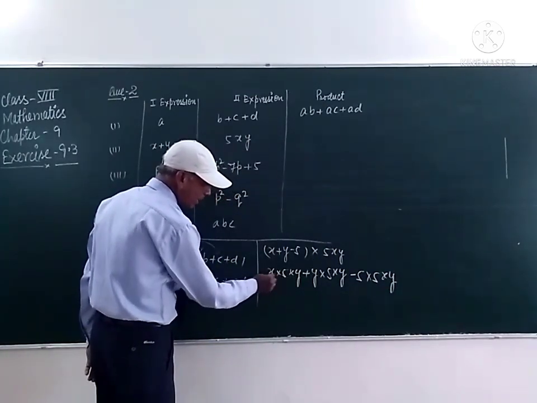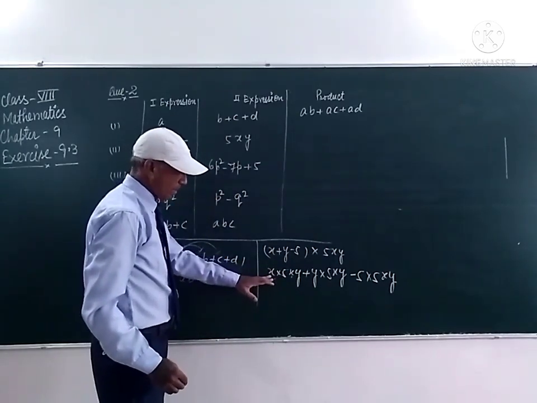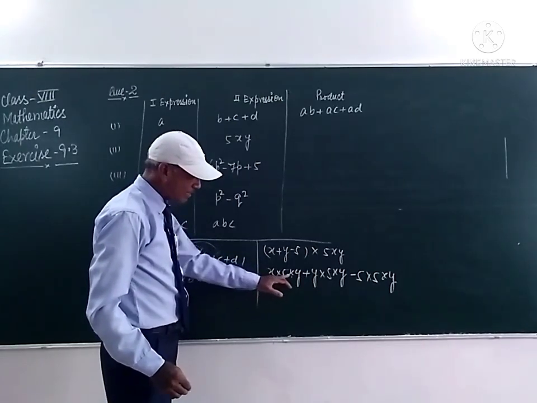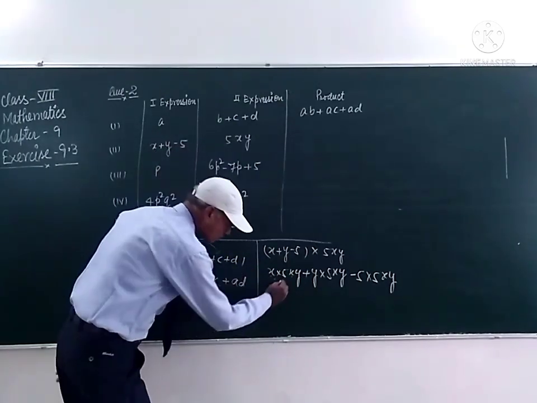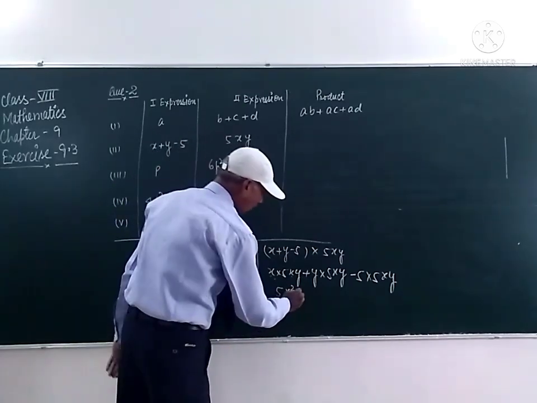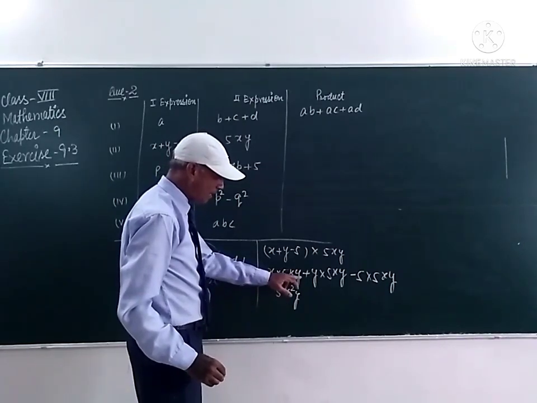Now x into 5xy, so x into x will be x square, student. After multiplying x into x, it will be x square. So it will be 5x square y, because in this one we have 5xy.